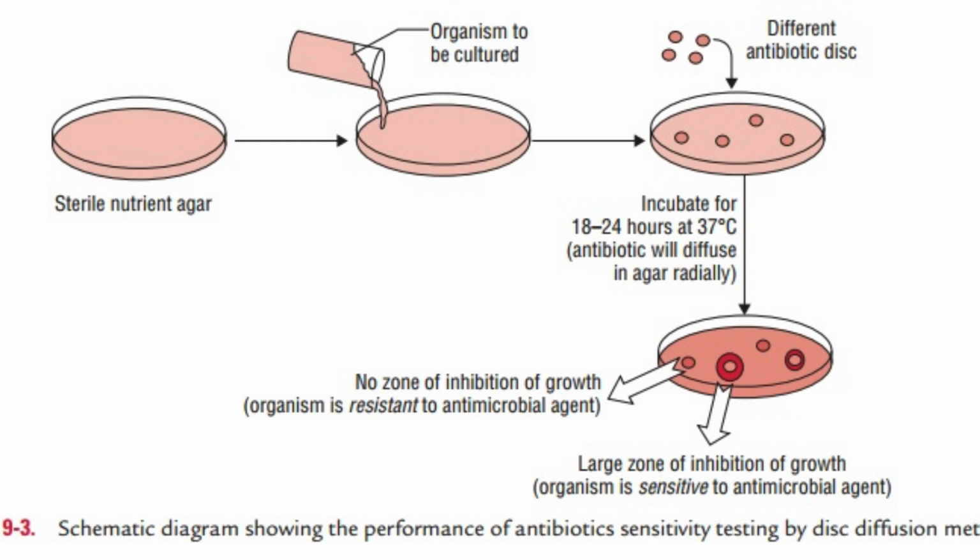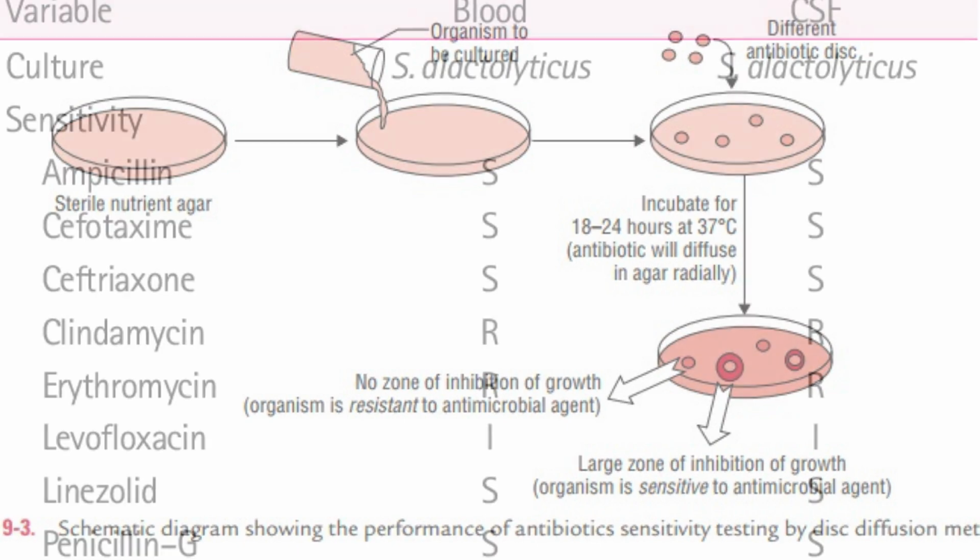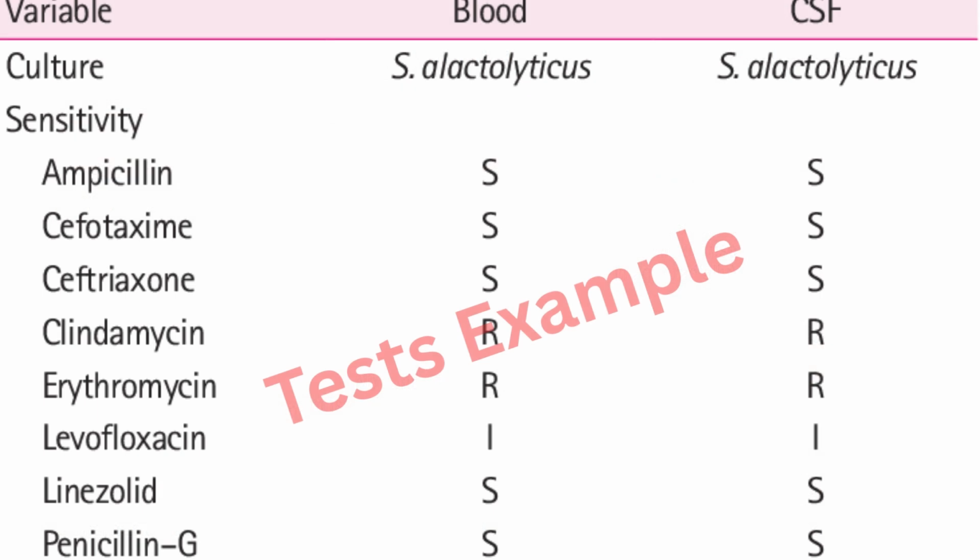Because resistance patterns change, antibiotics started before culture results may fail. Cultures help tailor therapy. By checking cultures, clinicians avoid giving ineffective antibiotics, reduce complications, and help slow down further resistance.